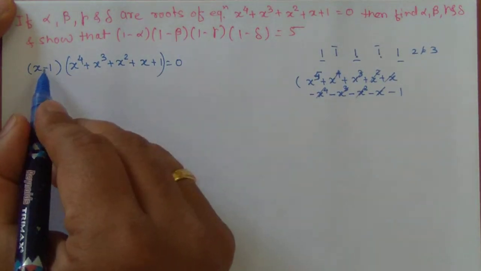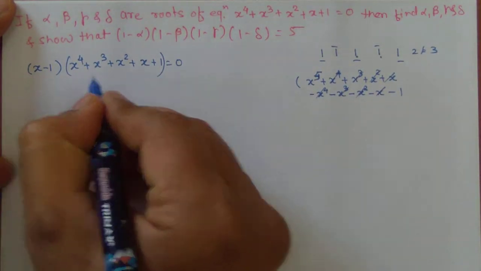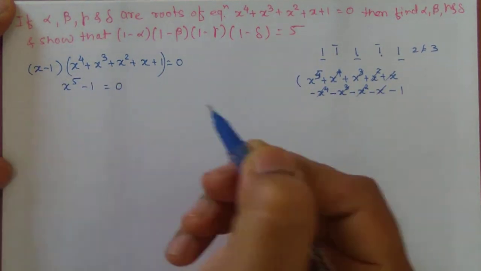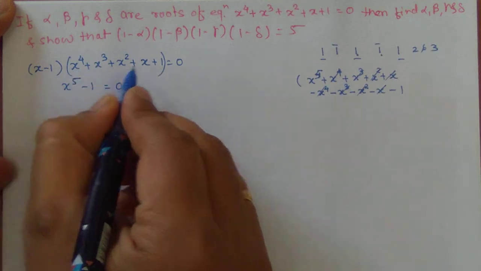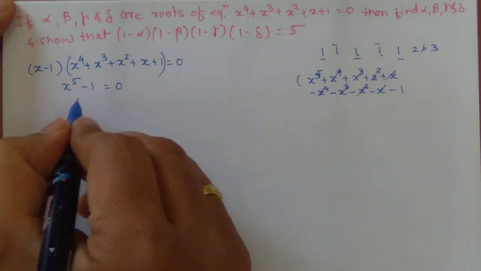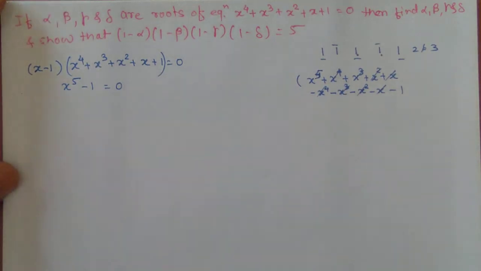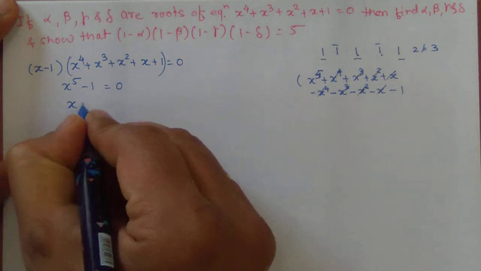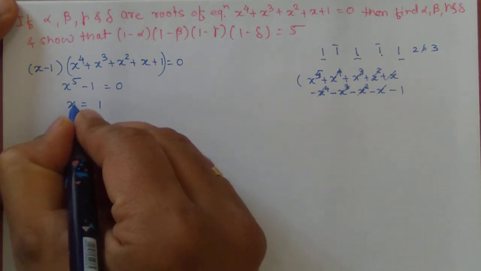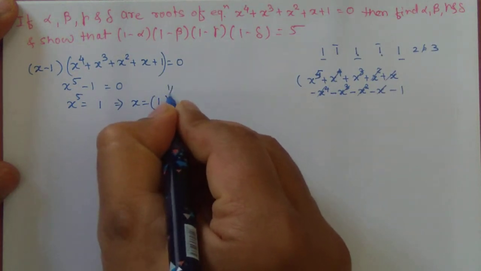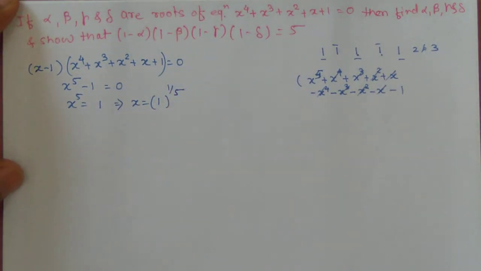So when I multiply this factor by x minus 1, x into this bracket minus 1 into this bracket, ultimately the final resultant is x raised to 5 minus 1 equal to 0. Now see, this gives me x raised to 5 is equal to 1. This gives me x is equal to 1 raised to 1 by 5. That is the fifth root of unity we have to find out.